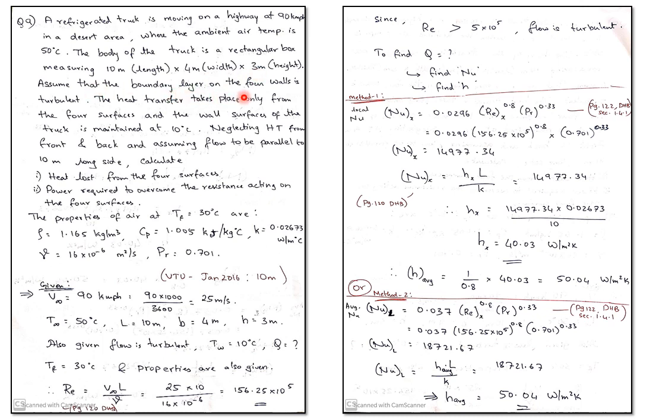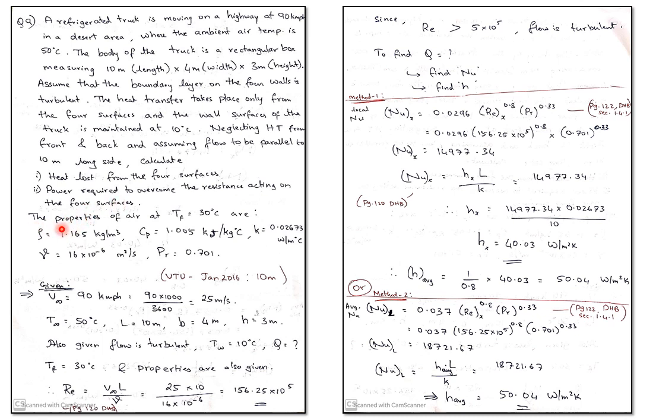Assume the boundary layer on the four walls is turbulent. The heat transfer takes place from the four walls and the inside of the truck is maintained at 10 degrees Celsius. Neglecting heat transfer from front and back and assuming flow to be parallel to the 10 meter long side, calculate the heat lost and power required.